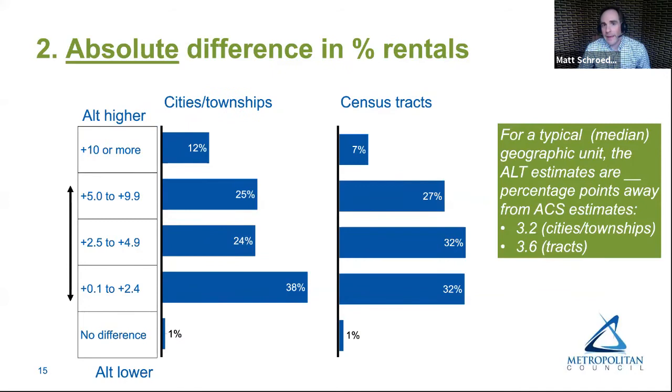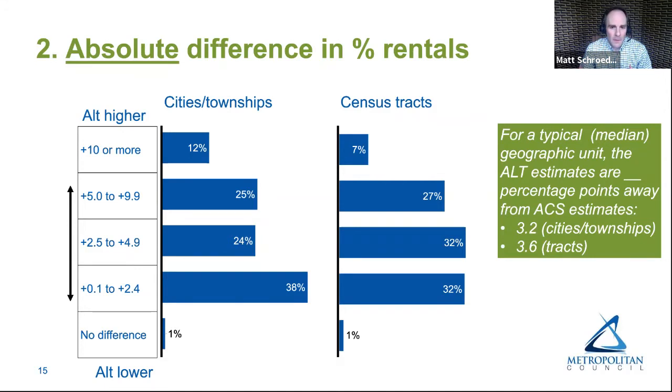Then the second question, by how much? So if I took any given geography, by about how much would it be off, higher or lower, how much would the alternative estimates and the ACS estimates diverge?